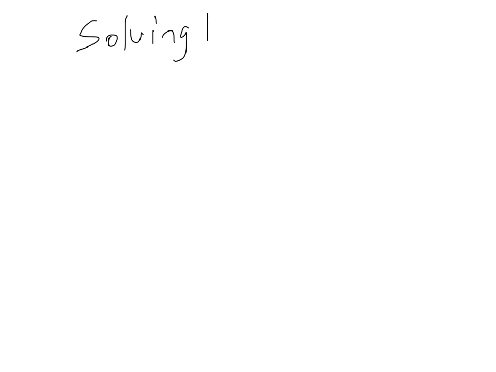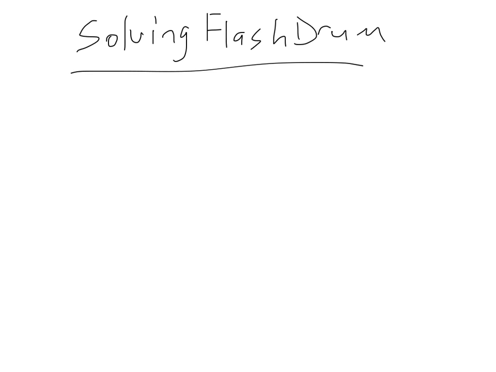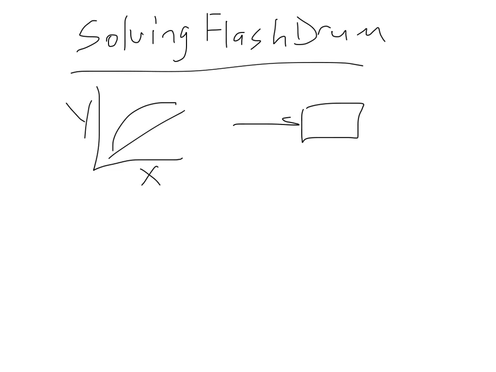Solving the flash drum. We have here two bits of information. One, we have our vapor-liquid equilibrium curve right here, and there's my little straight line for the Y equals X line. We have some flow rates. We might know F is equal to 100 moles per second, and Z, the mole concentration of the more volatile component, we'll just call it 0.3.